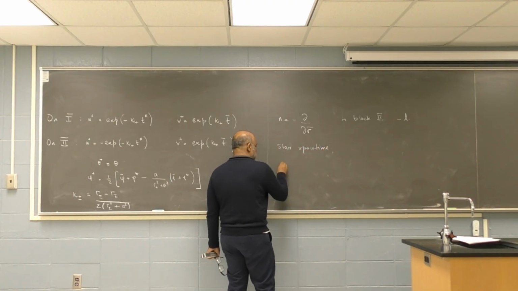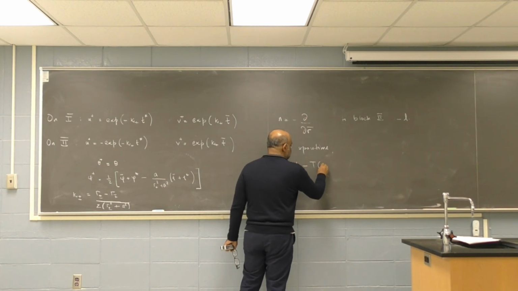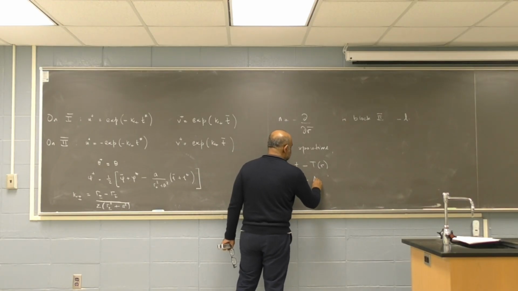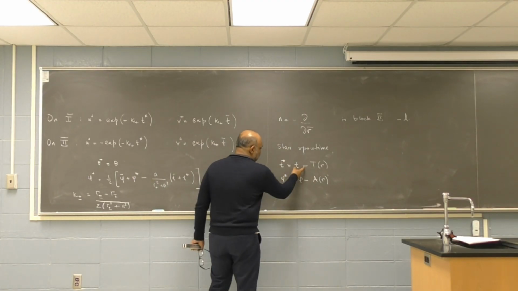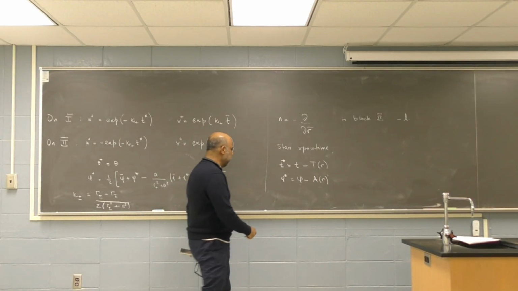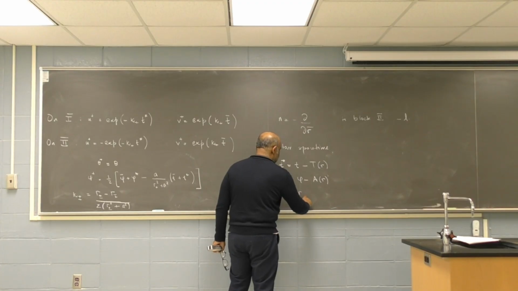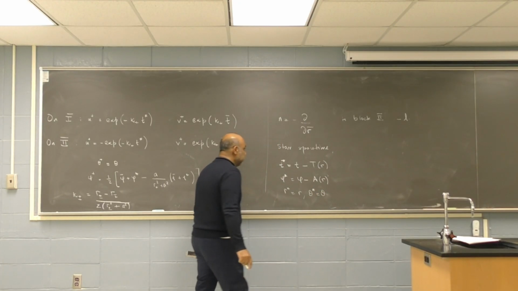So here I have t star equals t minus T of r, phi star equals phi minus A of r. All that has happened is the pluses have become minus, and r star is equal to r, and theta star is equal to theta.